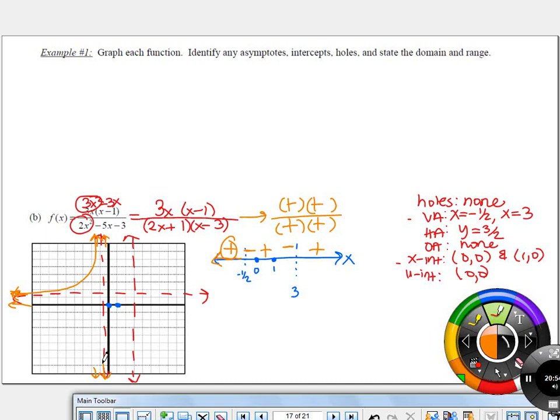But it says that right after negative 1/2, it's negative. It must come up and hit the x-intercept. But then after the x-intercept, it's positive, so it goes to the asymptote. But then must come back down to hit 1. So it goes through the asymptote, but must come back down to hit the x-intercept at 1.